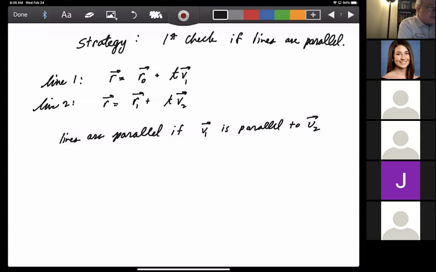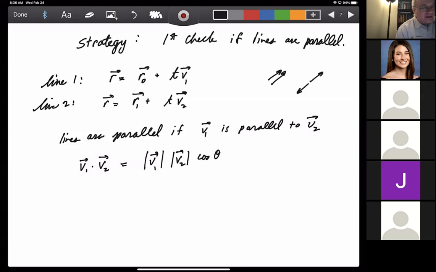You could take the dot product. What would happen to the dot product if the vectors were parallel? Well, it wouldn't equal 0. If the vectors are parallel to each other, they point in the same direction, so the angle between them could either be 0 or 180.